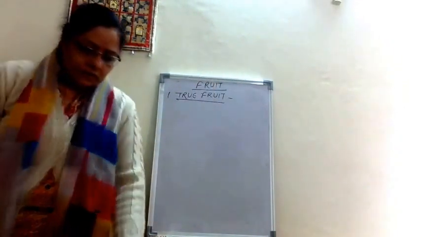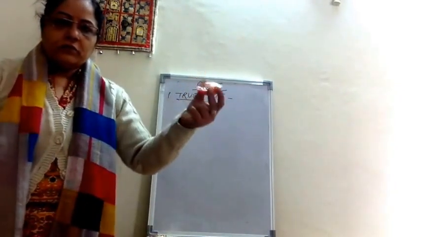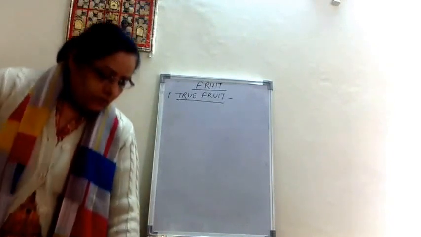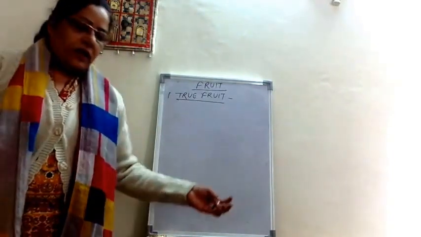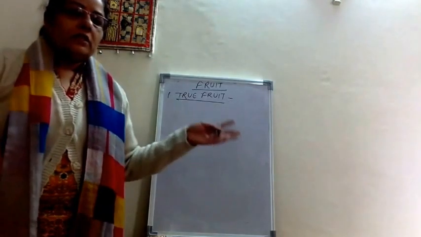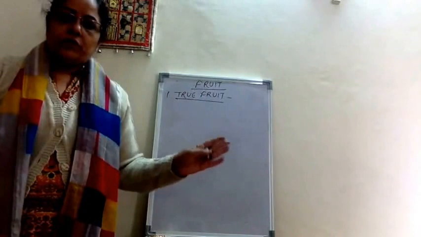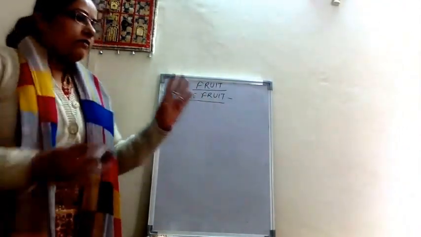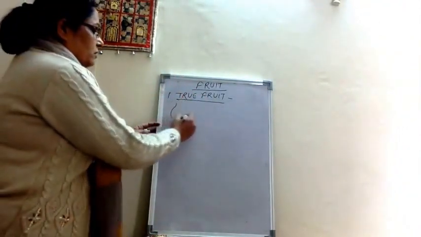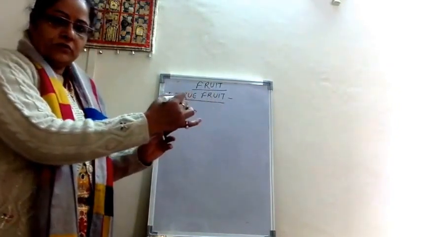True fruit like tomato, custard apple, and any other type of vegetable. These are true fruit which form from the true ovary. When the true ovary becomes fruit, it is called true fruit.